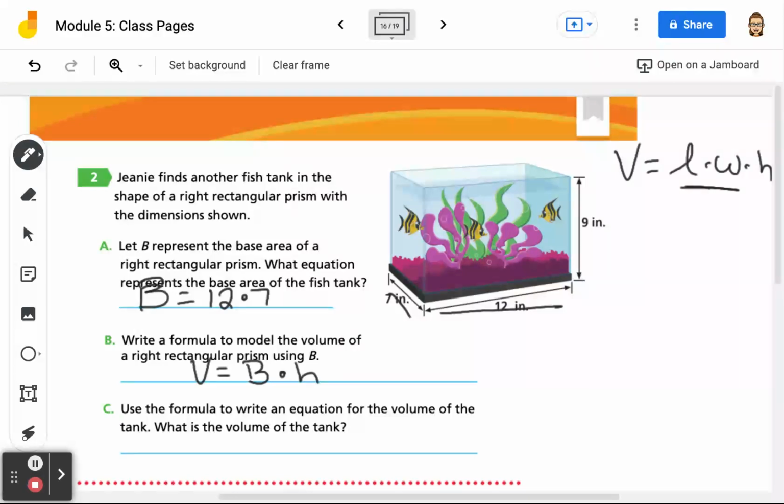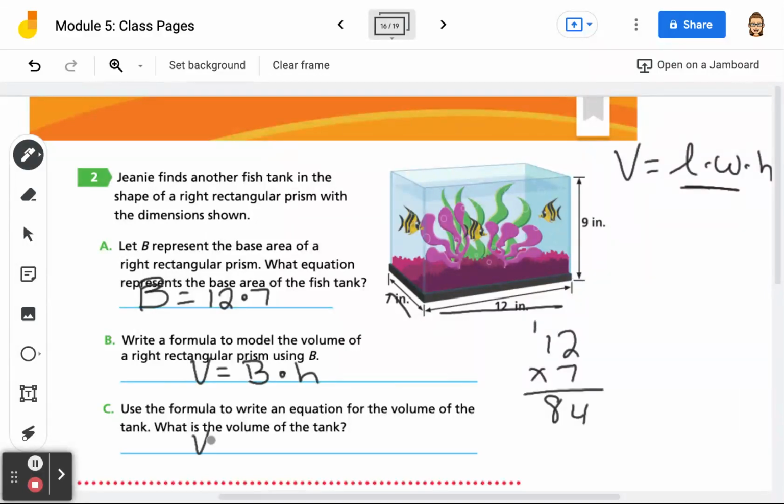This is use a formula to write an equation for the volume of the tank. What is the volume of the tank? Well, we'd have to figure out what the base is. So 12 times 7. 7 times 2 is 14. 7 times 1 is 7, plus 1 is 8. So we get 84.